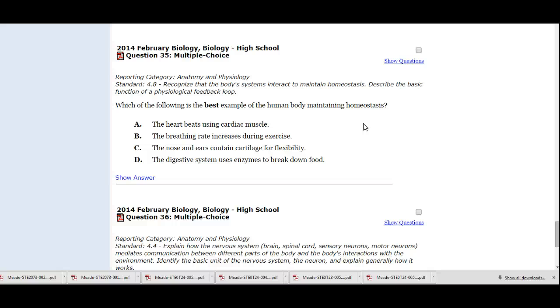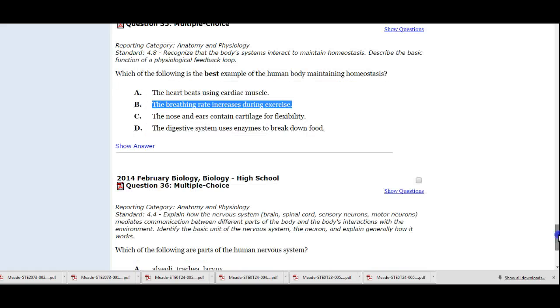So which of those do you think is homeostasis? It's a B. The breathing rate increases during exercise. So it's how our body responds to changes internally or externally. Remember that it's not putting a sweater on when it's cold, it's the way our body, our anatomy, responds.